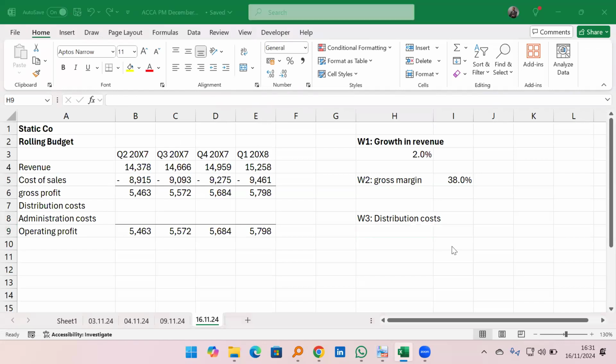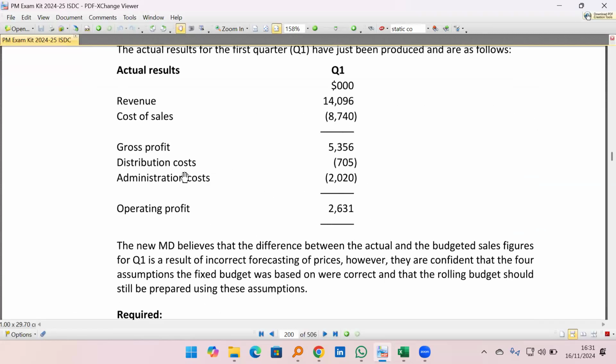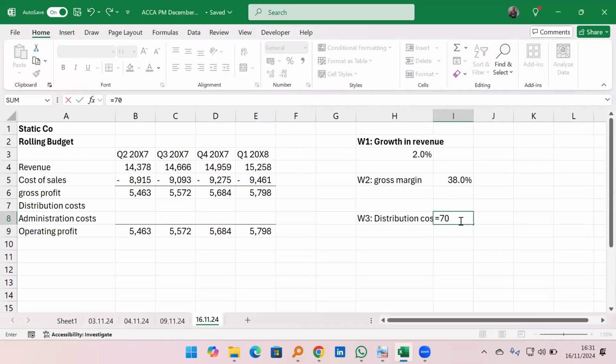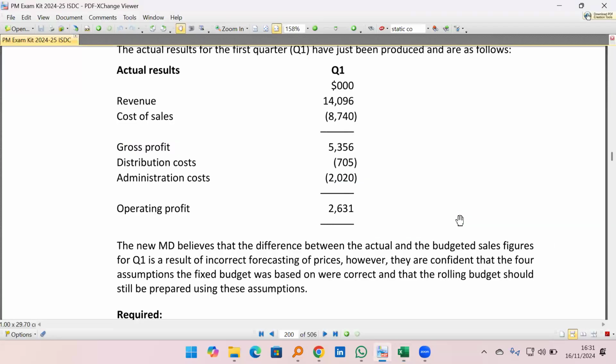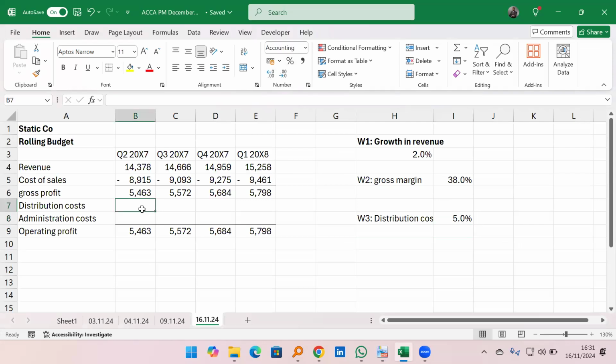So distribution for the first quarter turned out to be 705 divided by the revenue of 14,096, which gives us about 5%. So that is the distribution cost. Now we are going to come here and say again 5%, so we can fix it.